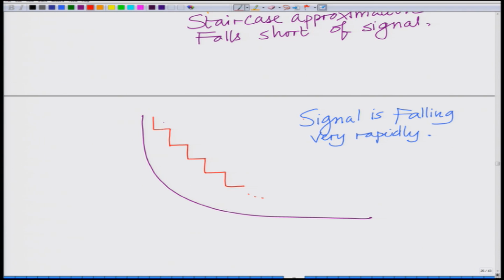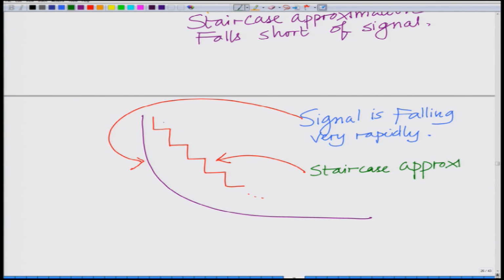So, my signal is falling very rapidly and the staircase approximation is not able to catch up with the signal.